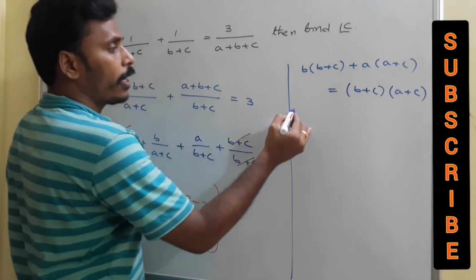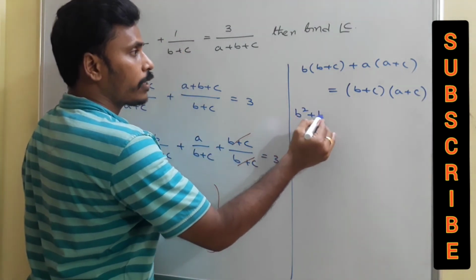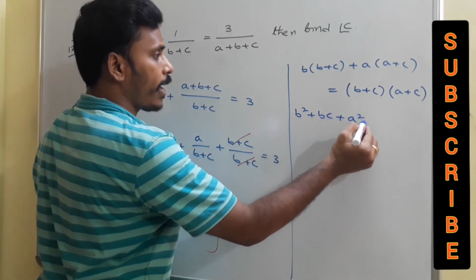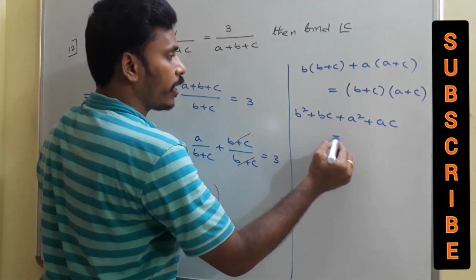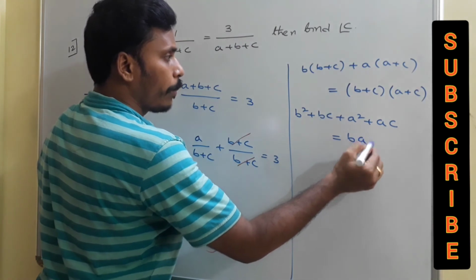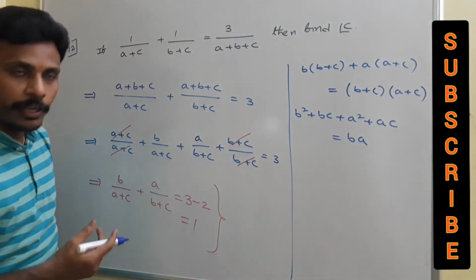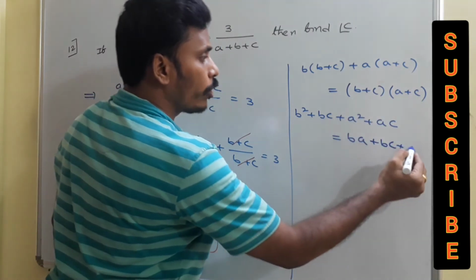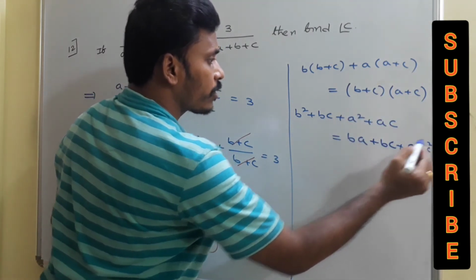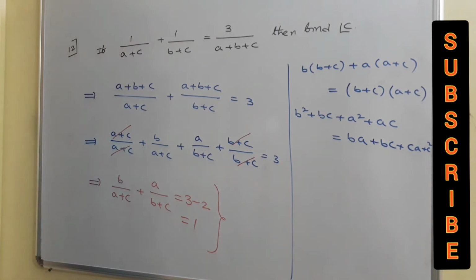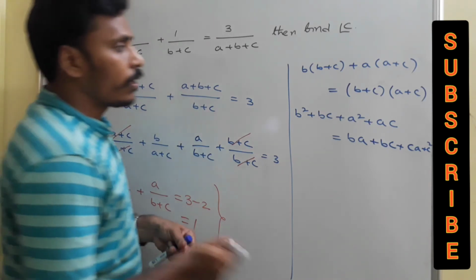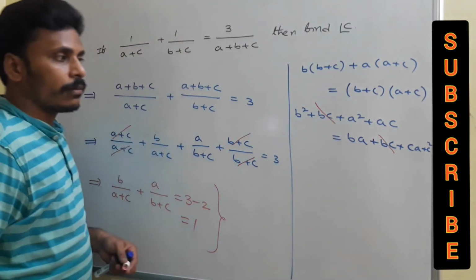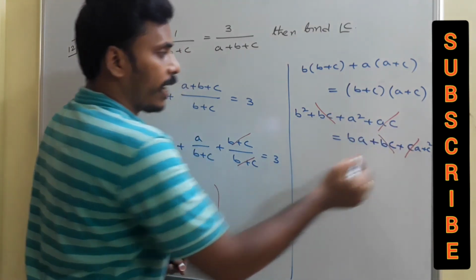And if you multiply, b square plus bc plus a square plus ac is the left side, whereas the right side is b into a, ba, b into c, bc, c into a, ca plus c square. And again if you just observe both sides, this bc and bc get cancelled, this ac and ac get cancelled.